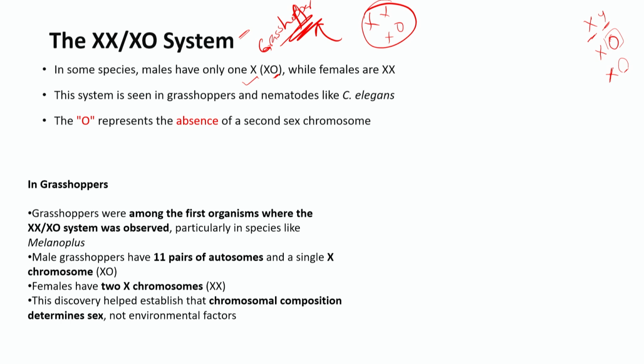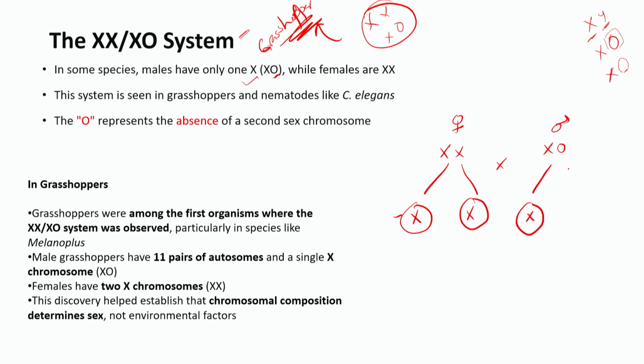So, what is happening? The grasshopper is amongst the first organisms where the XX and XO system was discovered, right? When we are crossing it, a female will be making X chromosome and X chromosome, and a male will be making X chromosome and no X chromosome. The rest of the autosomes are present as such, right?